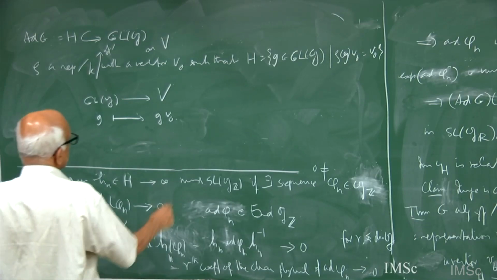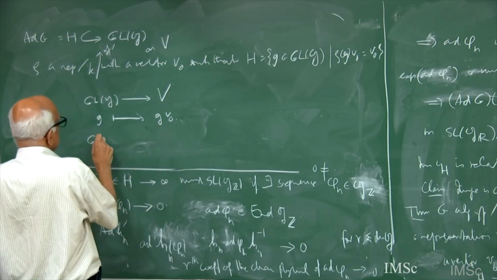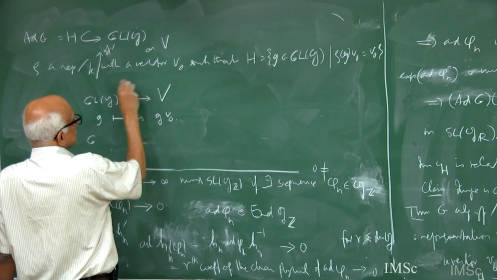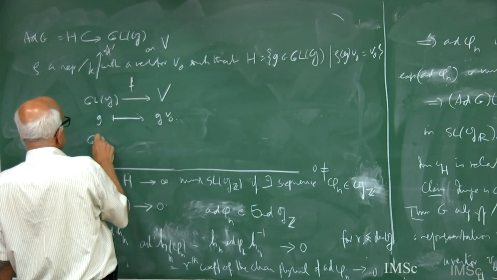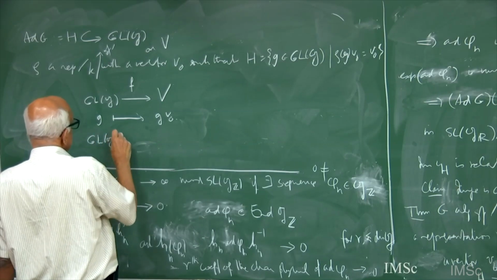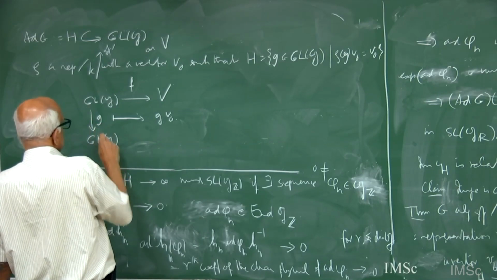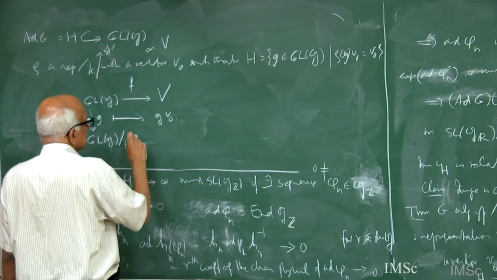Clearly this factors through, let me call this map F. F factors through GL_n by H.